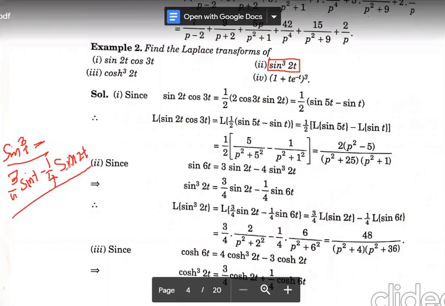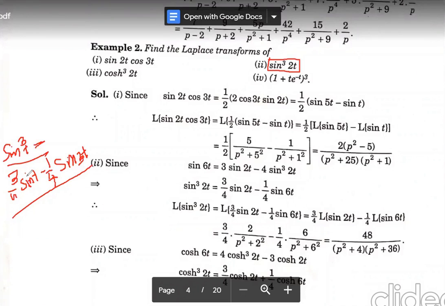So see here in both the terms, the power of sine is 1. So you can directly use the Laplace transform here. If it is t, then here it will be t, here it is twice t. Just a minute, sorry, it will be not twice t, it will be 3t, sine 3t.